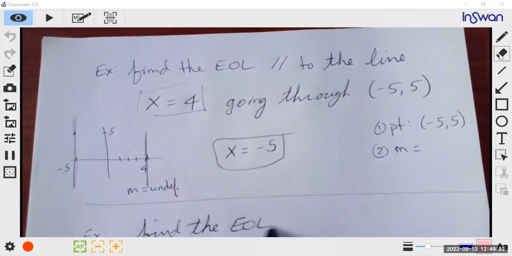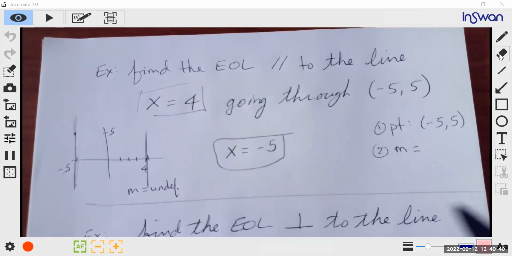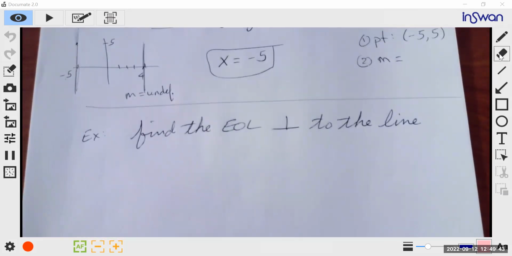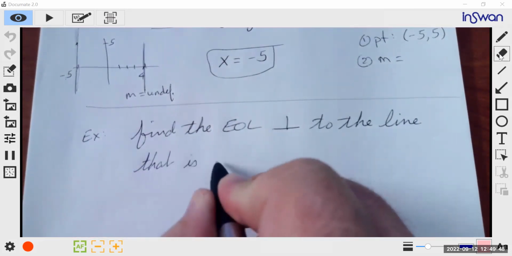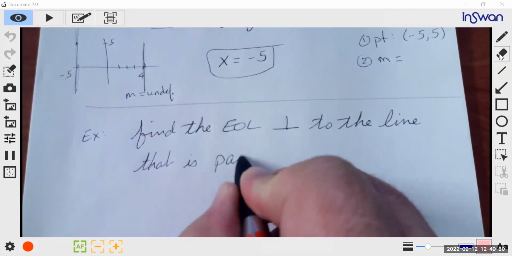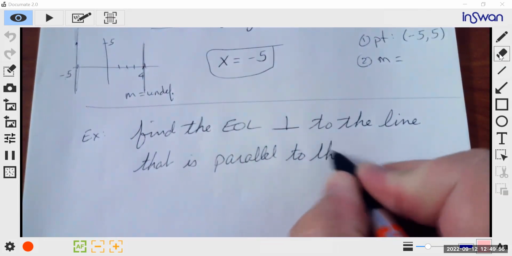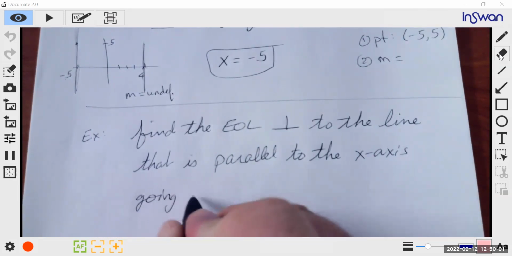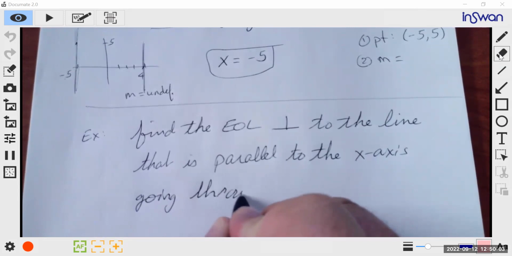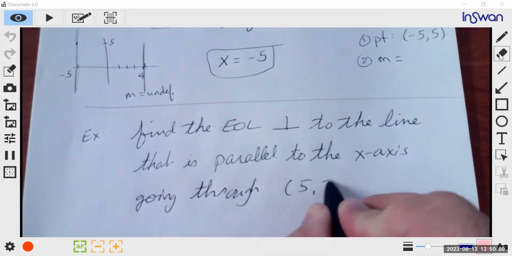Find the equation of the line perpendicular to the line that is parallel to the x-axis going through 5, 5.